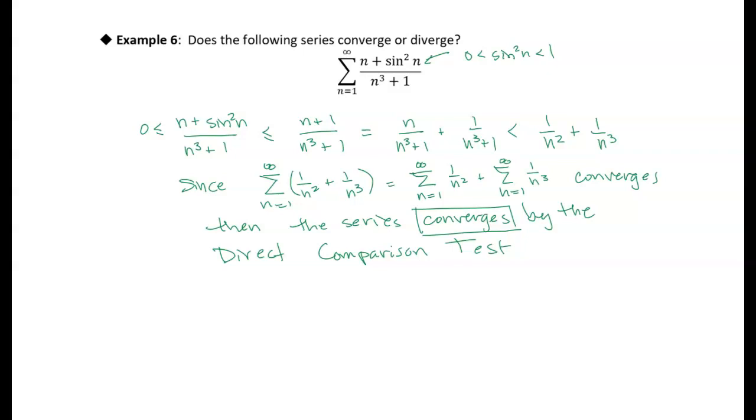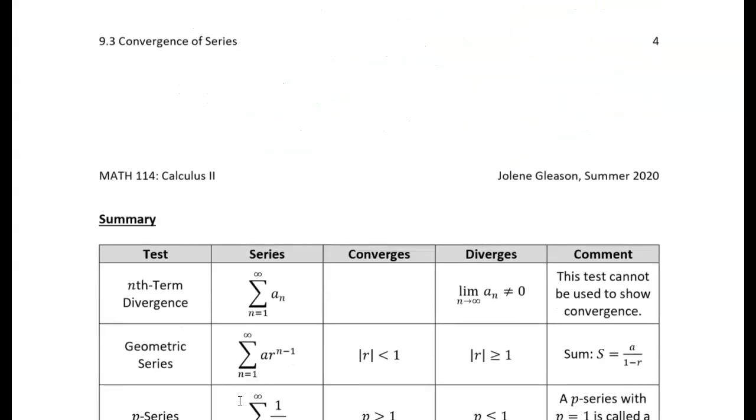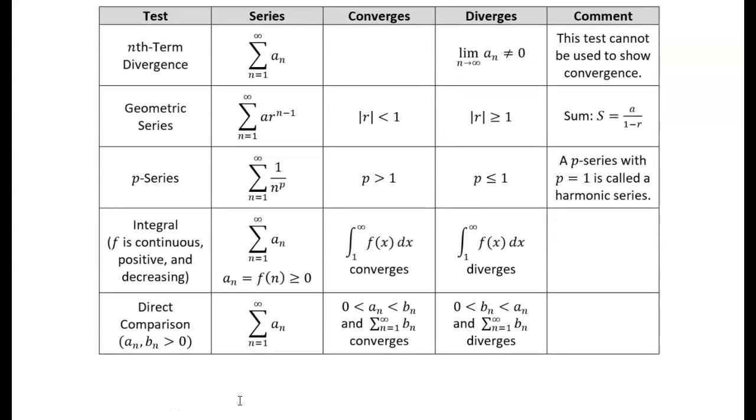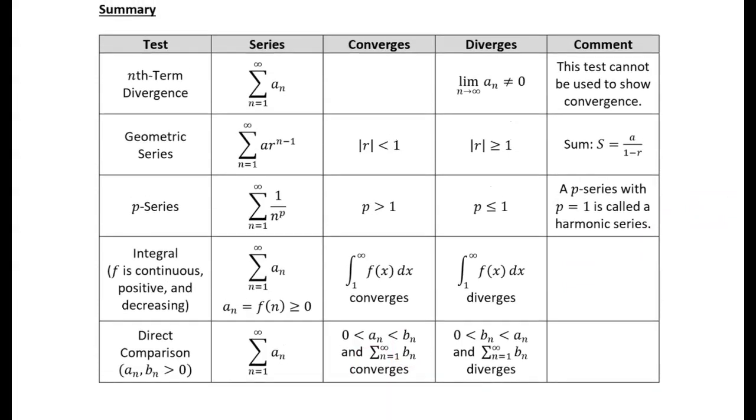Okay, so that's all the examples I have, and I actually summarized our findings in this little table for you. So hopefully that will help you when you're going through the homework.